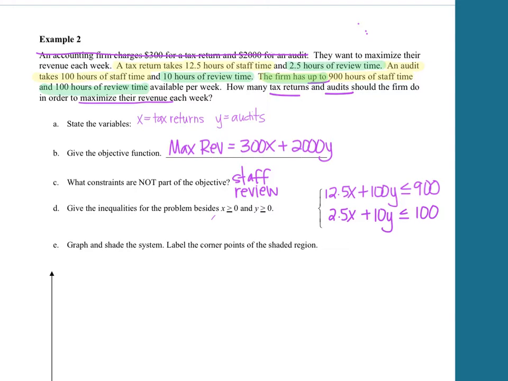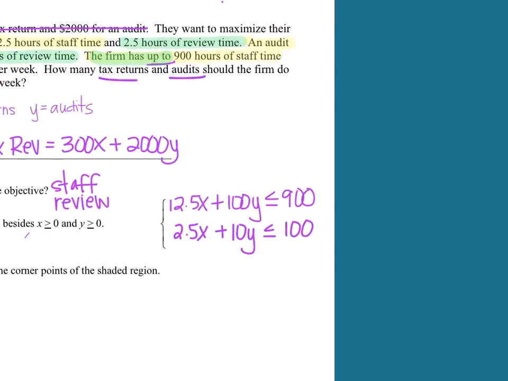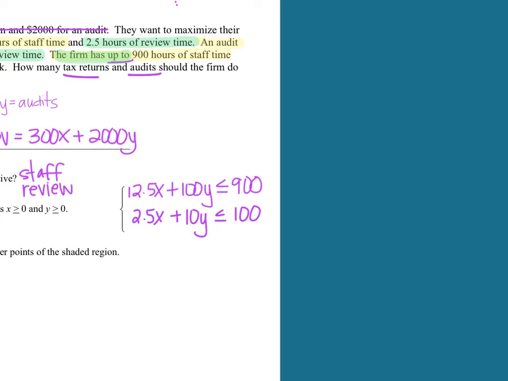Now my constraints are set up, and that is what I'm going to graph and stay in the first quadrant, and then find the corners of this system. All right, so I'm going to use my same graphing technique that I did before by finding the X values and the Y values. For the first equation, the intercepts, if I have no Y, then it will be 900 divided by 12.5.